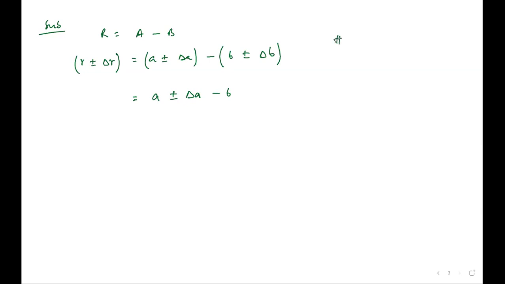So just remember, error can never be negative. So we can't multiply this negative to this part. So this will be written as it is, plus minus delta B.